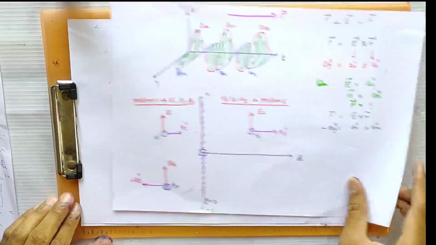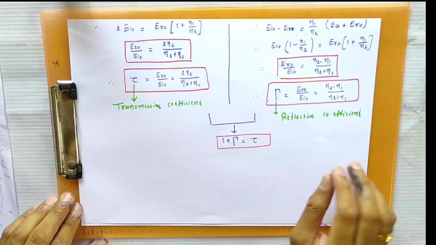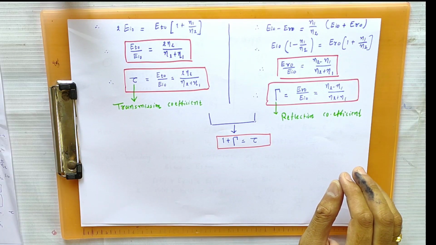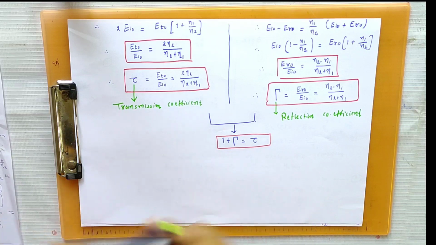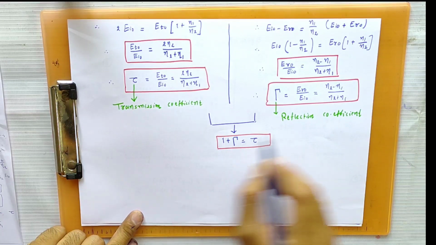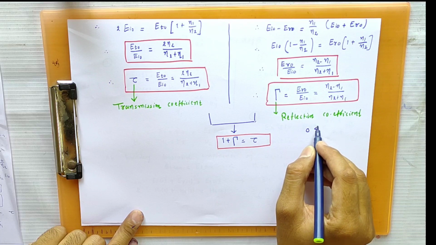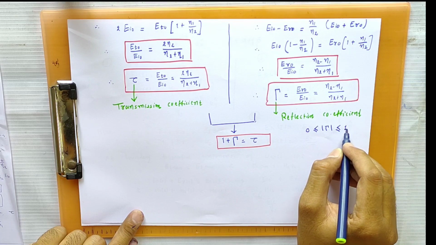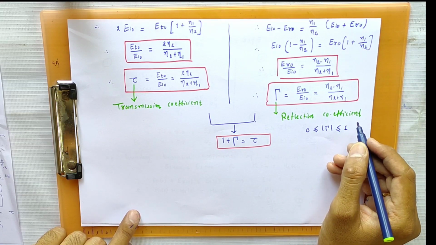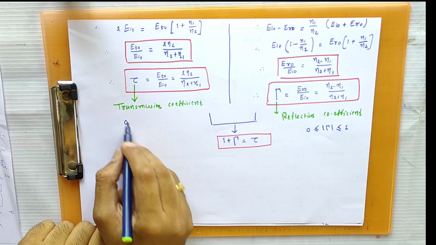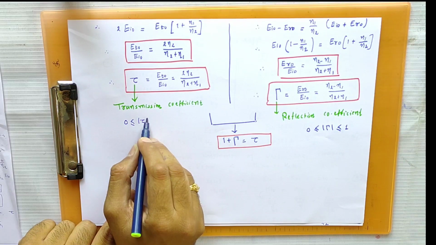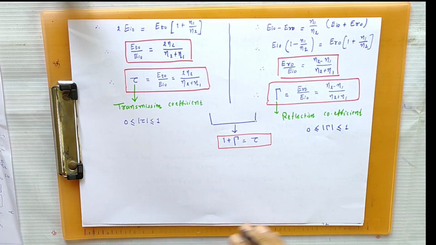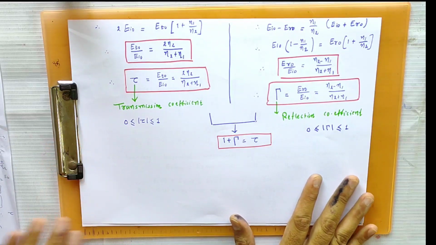Using these coefficients, we can find how much portion of the wave is reflected back and how much is transmitted. The mode of capital tau varies between 0 and 1, and similarly small tau also varies between 0 and 1. These are the maximum and minimum values of the reflection and transmission coefficients.